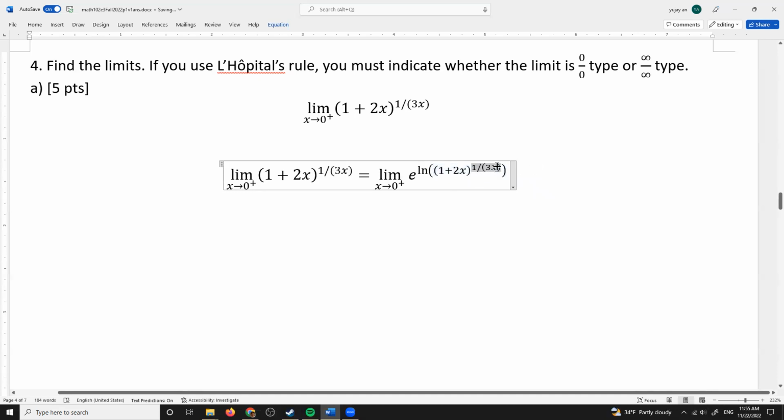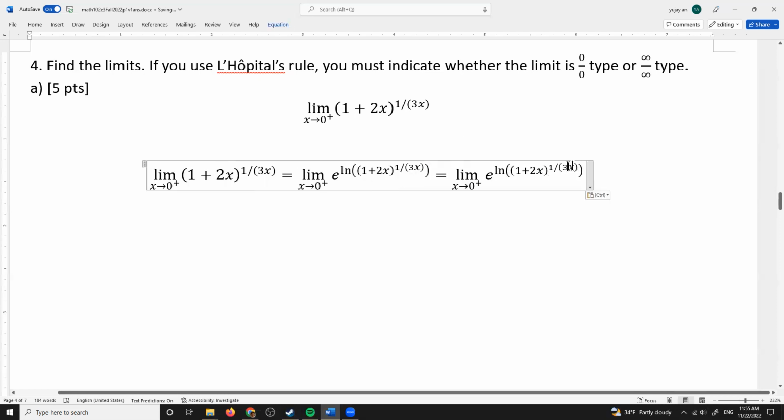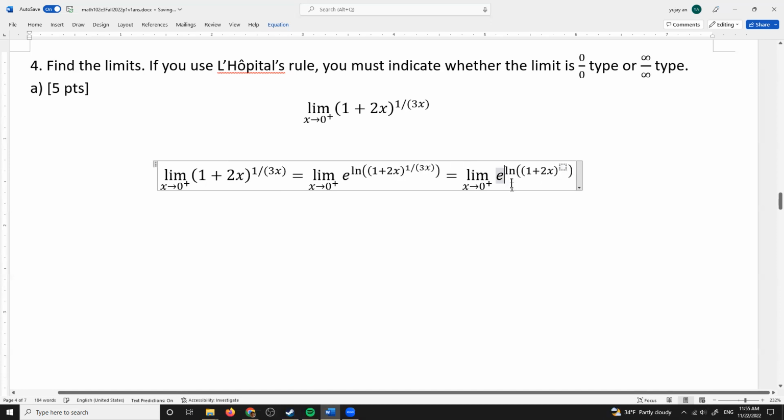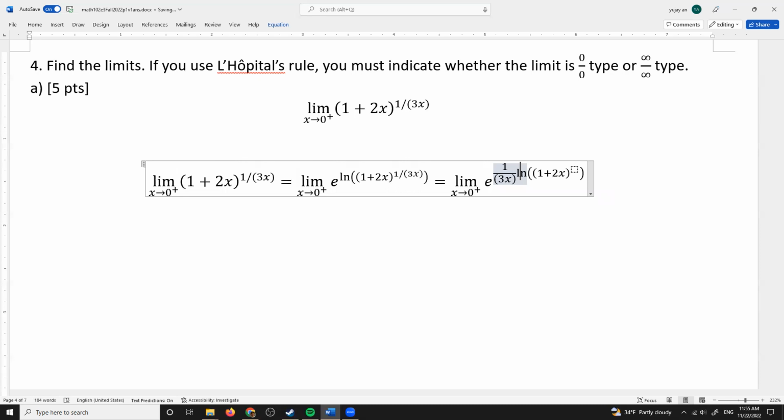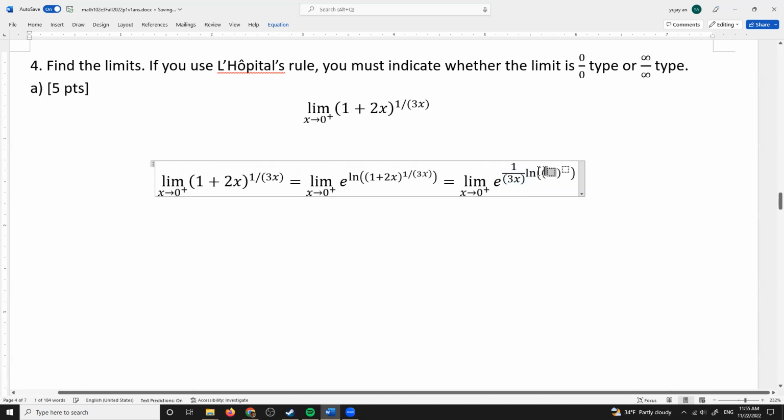Now we also know that if you have anything inside the log as an exponent, it can jump out of the log like a frog over the log rule, so that the exponent 1 over 3x will be in front, and then inside you're just going to get 1 plus 2x.